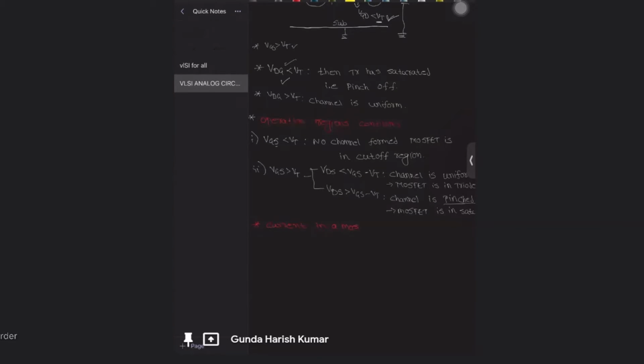So, current in a MOSFET. First one, cutoff region. In the cutoff, VGS is less than VT.